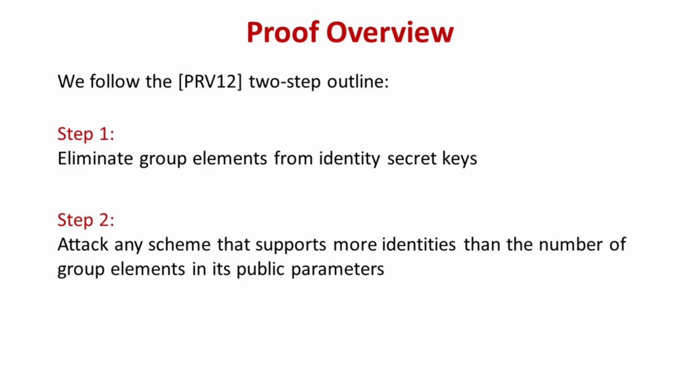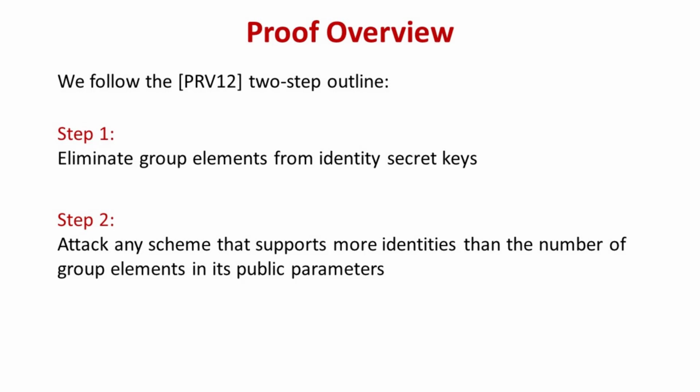We follow a two-step structure similar to that introduced in the work of Papakonstantinou et al. First, in step 1, we show that any generic group IBE scheme can be transformed into one in which secret keys do not contain group elements.